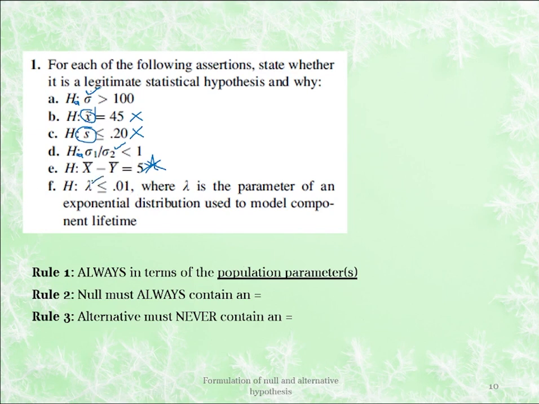So rule 1 is obeyed. And if we look at this, because there's an equal, this cannot be an alternative. It can only be a null. So that would work. But again, like we said in our textbook, we are going to just always work with just an equal sign in the null.